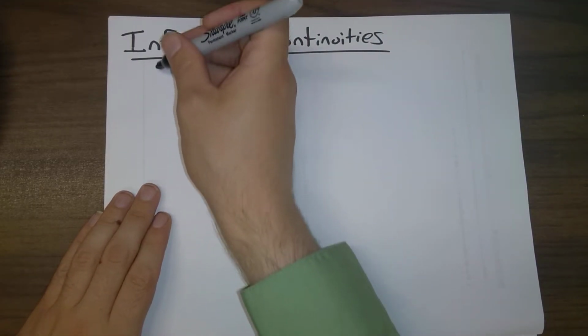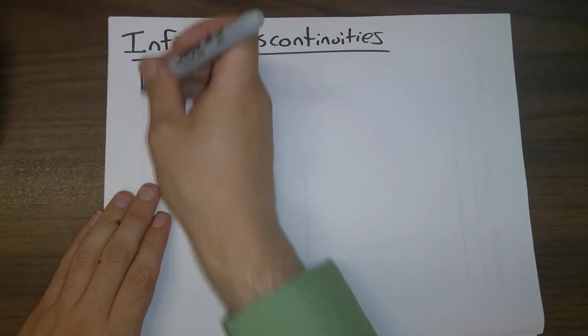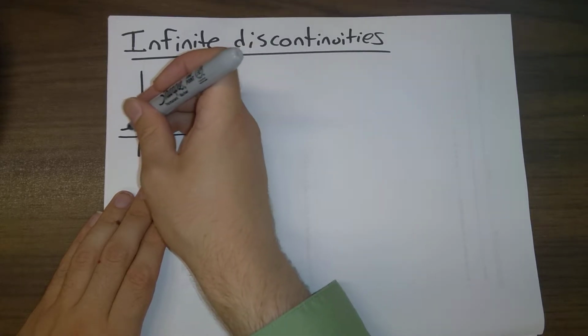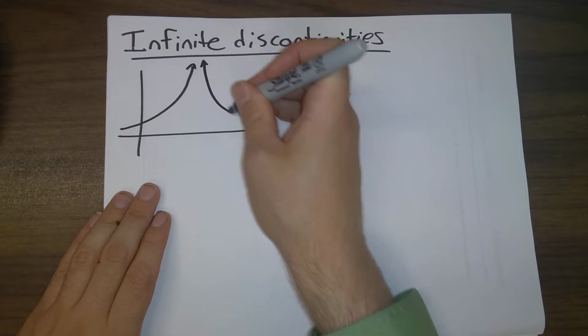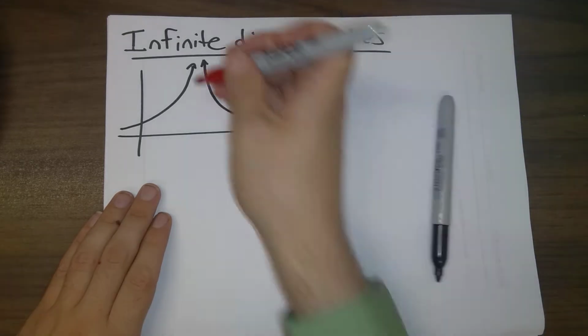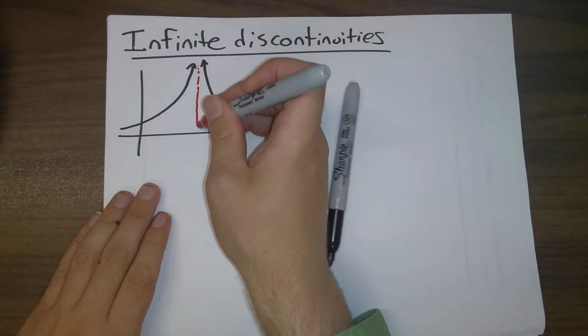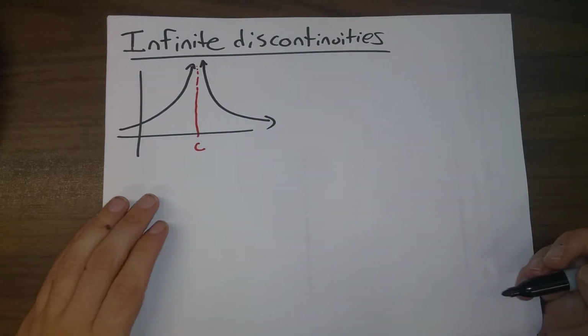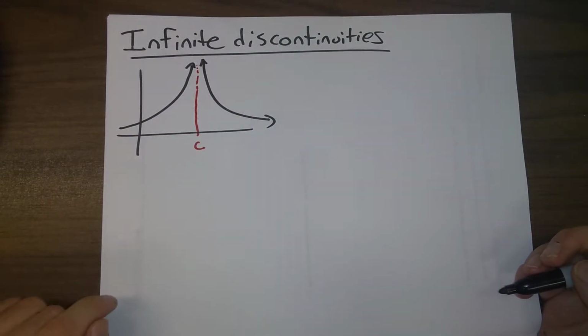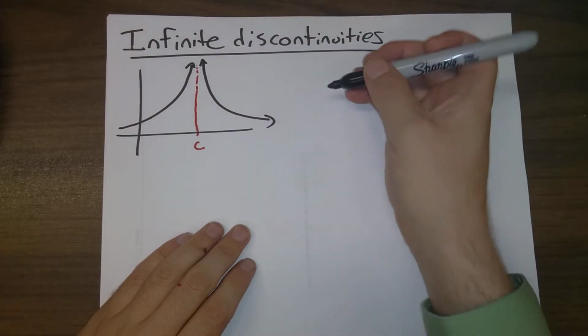If we have something that looks like this, here are the axes, and we have some vertical asymptote here, our function is going to have an infinite discontinuity.